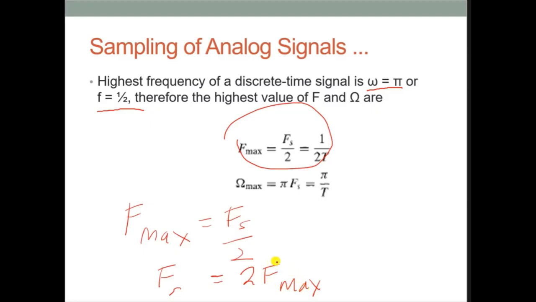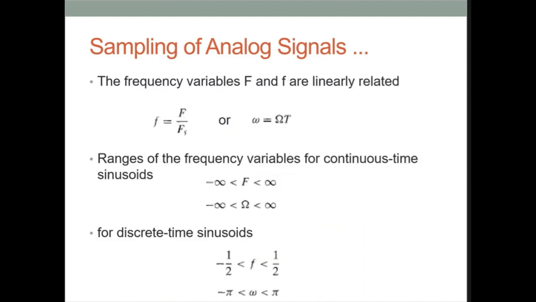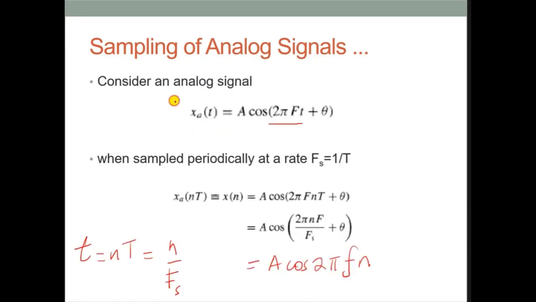What does it mean by maximum frequency? Maximum frequency is when you have a combination of analog signals. For instance, you have this signal plus another signal at a different frequency, for example like our voice. Our voice has several frequencies; actually, it's a combination of several signals.